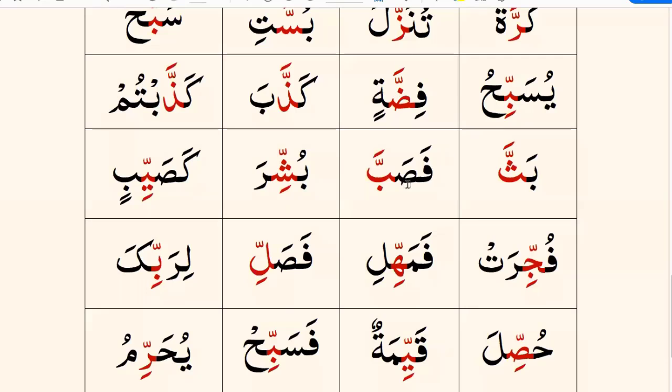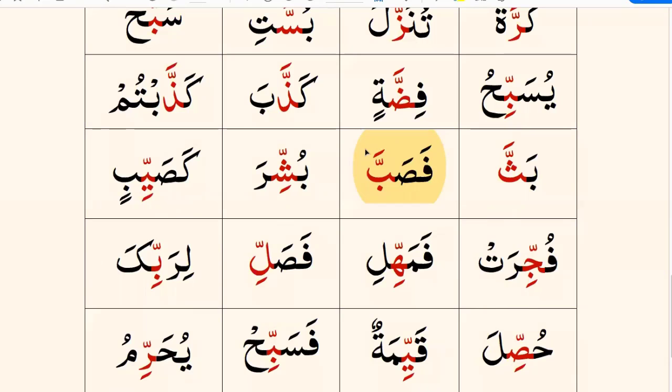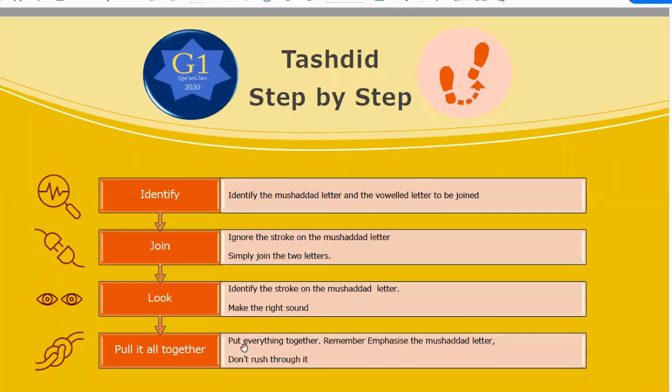So for example, you would have a sad with a fatha and a mushaddad ba. You would see this stroke here, join it to the mushaddad ba, then identify the stroke on the mushaddad letter, which in this example is your fatha. And finally, you would pull everything together and emphasize and push on the mushaddad letter.